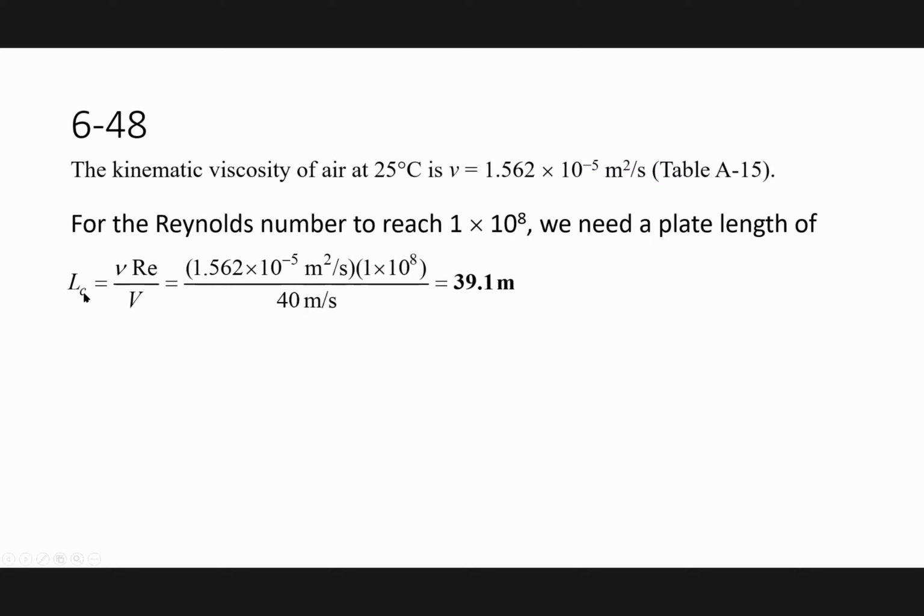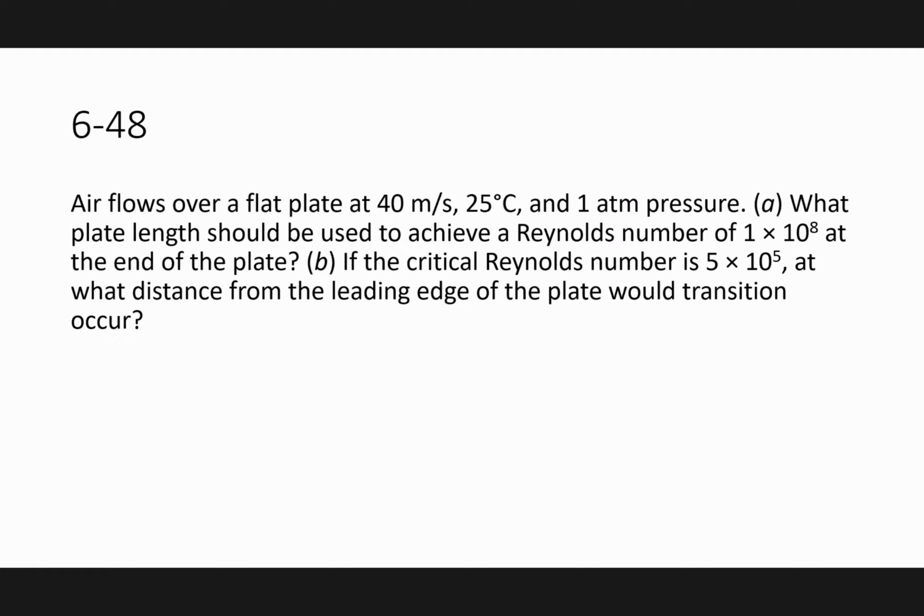As we increase the length of the plate, the Reynolds number will increase. Therefore, we find if the plate is 39 meters, the Reynolds number reaches 10 to the power 8. This is the first part of the question: what should be the plate length in order to reach that value?